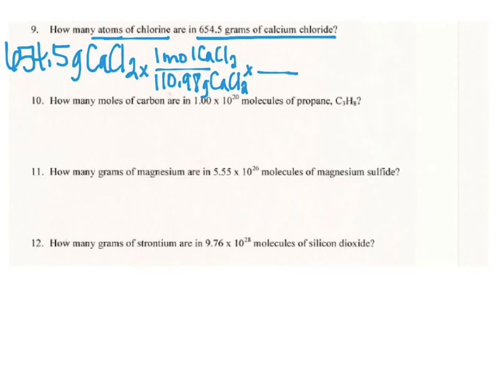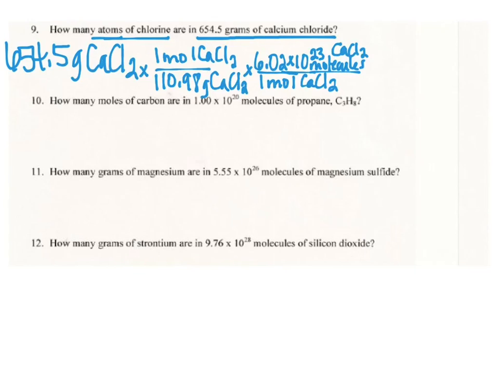And we know that we have to go to atoms. So CaCl2 is a formula unit or a molecule, so we know that in every 1 mole of CaCl2, there are 6.02 times 10 to the 23rd molecules, or formula units of CaCl2.